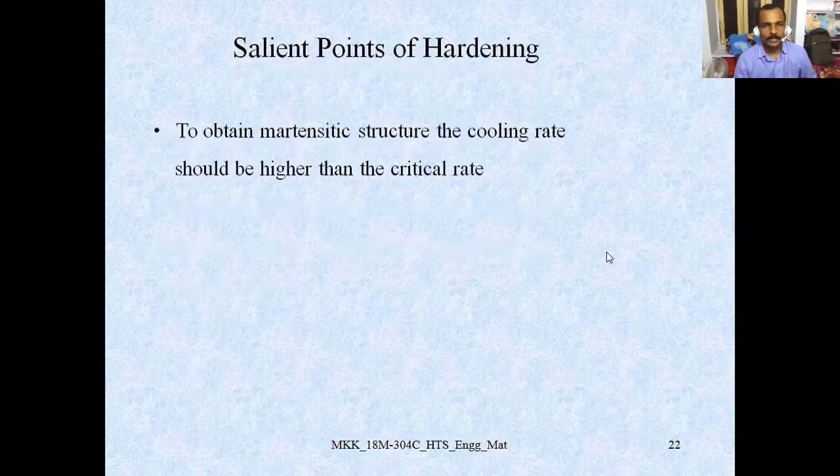To obtain martensitic structure, the cooling rate should be higher than the critical rate.